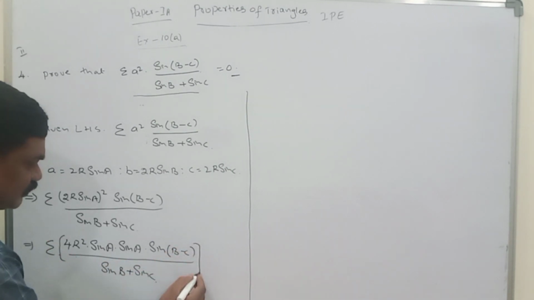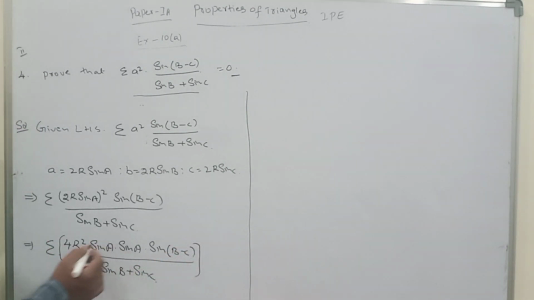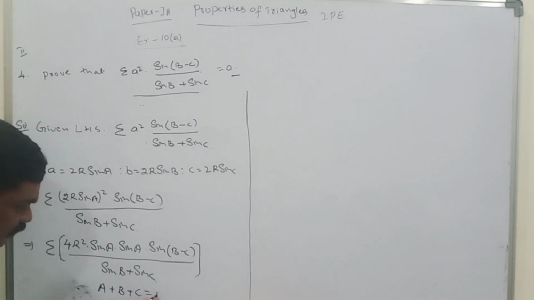Here sin A. We know the formula A plus B plus C is equal to pi. So B plus C is equal to pi minus A. So sin of B plus C is equal to what?